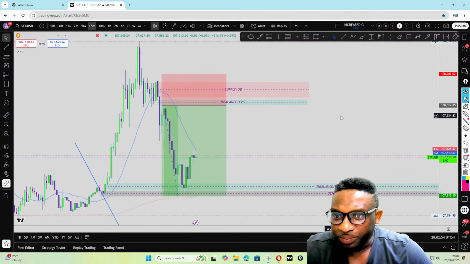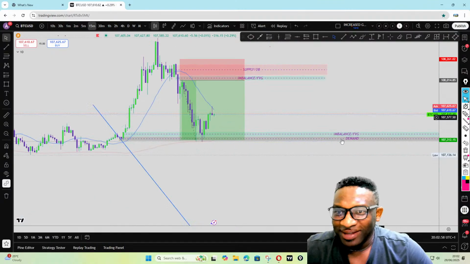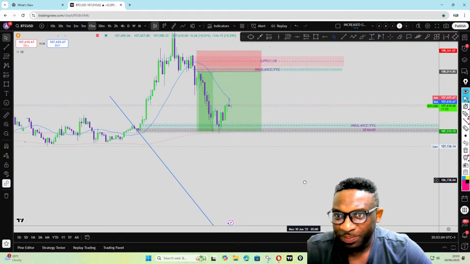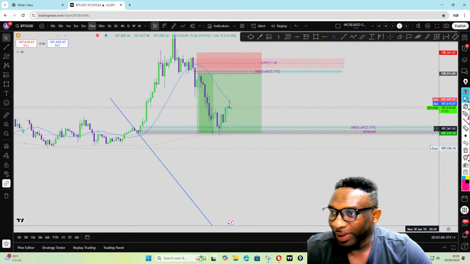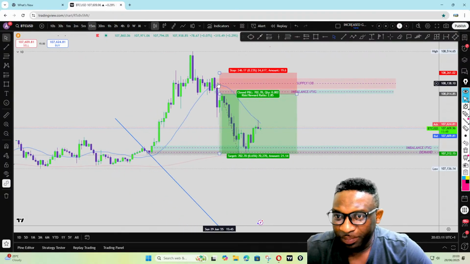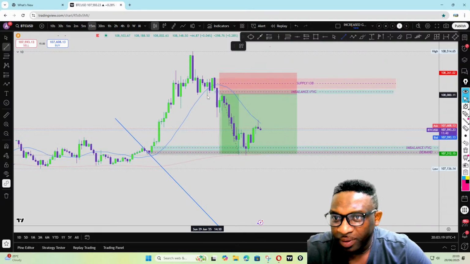So okay, what we have here is a trade I took this afternoon, which played out beautifully. So I came back, saw this break of structure here, on the 15-minute time frame. I came back, I saw this break of structure right here.